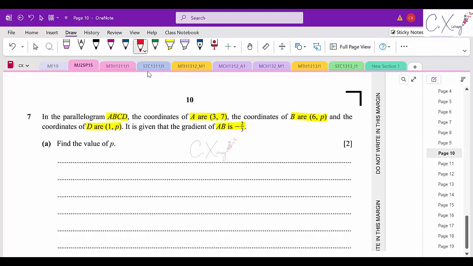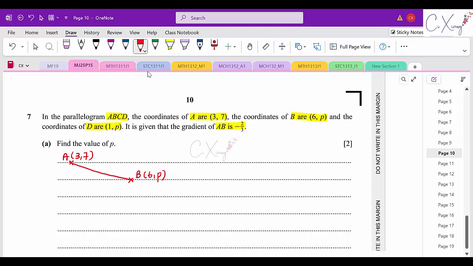When we have a parallelogram, we should label all the vertices in either clockwise or anti-clockwise direction, so I have A, B, C, D. Let me simply label them. A is here, and maybe this is my B. A is (3, 7), B is (6, p).